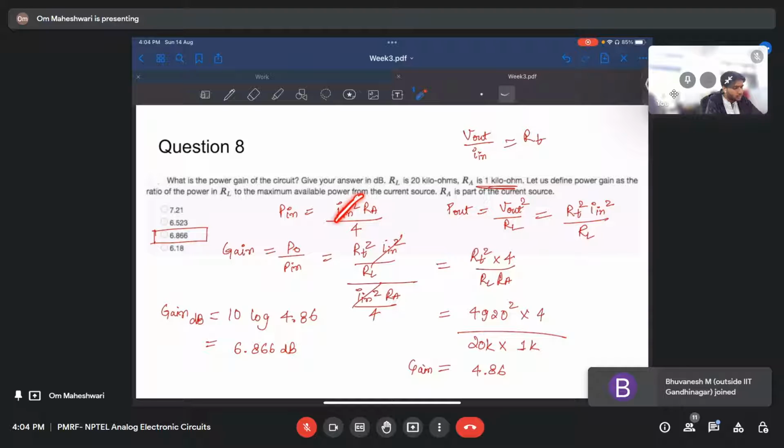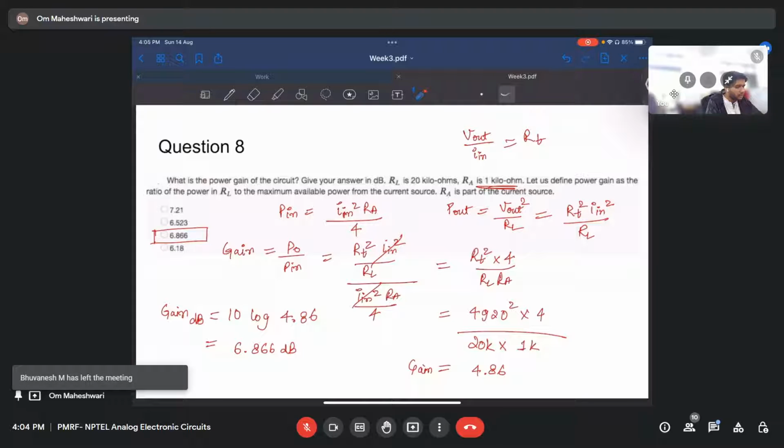So that we can cancel this input term from both input and output. If we take it any other way, let's say V in, we should have some relation between V out and V in then. Okay, fine. Thank you, sir.